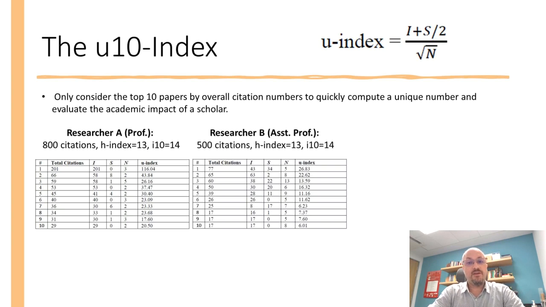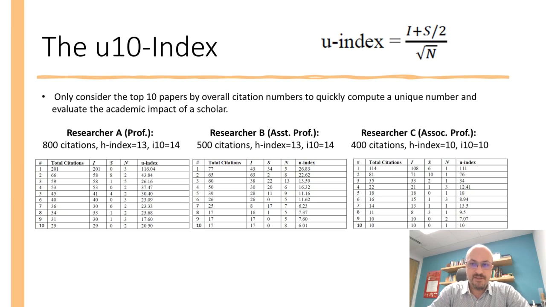And then we can have another researcher B, who is an assistant professor, with a lower number of citations, but the same H-index and I10 as the full professor, but we see that S and N in this case are higher. So this researcher has a higher number of self-citations and worked in bigger groups.